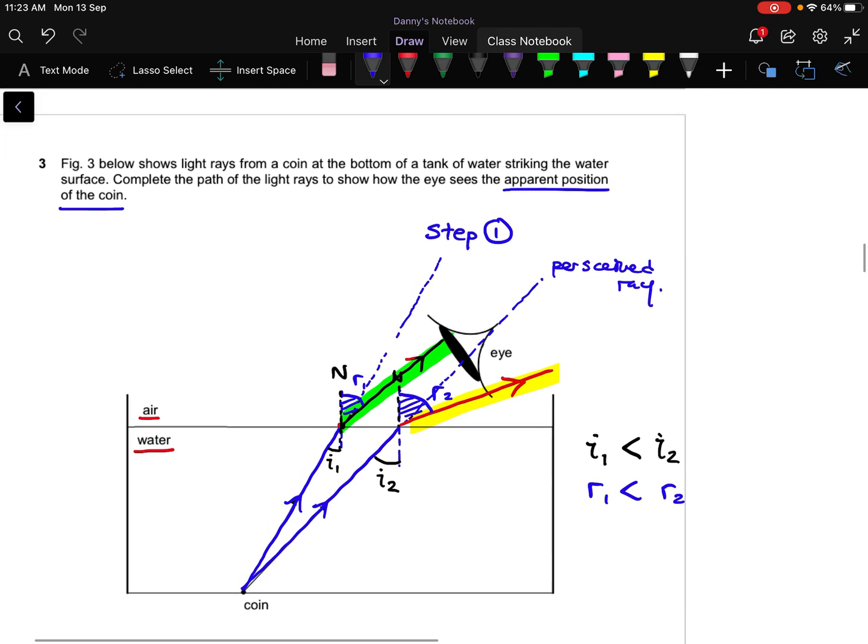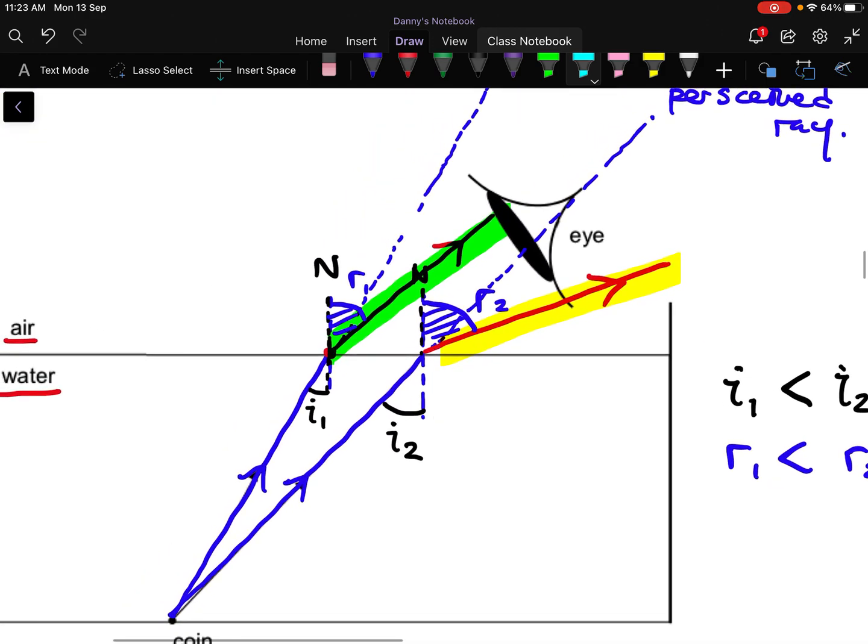Once you have done that, you still have not drawn your apparent position of the coin, right? So you look at the green highlighted line, use your ruler, and make it straight. Then you look at the yellow line over here, same thing, extend it. Can you see that it will converge here?